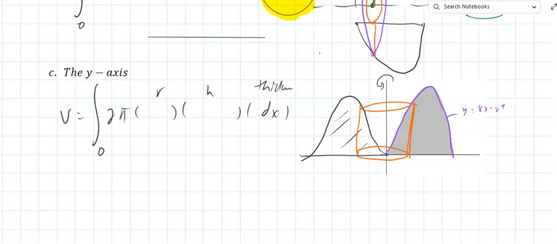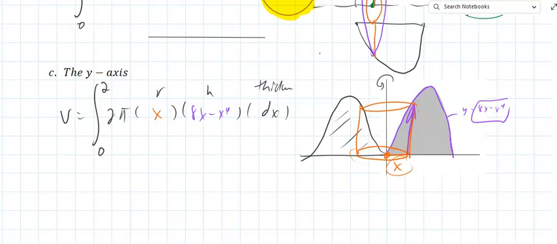I am running from 0 to 2 still. Now, the catch: I will always go to the origin and run to wherever I picked my rectangle and call that x. And you see, based on the diagram I did, the radius is x, and the height is top minus bottom, 8x minus x to the fourth minus 0, and there it is.